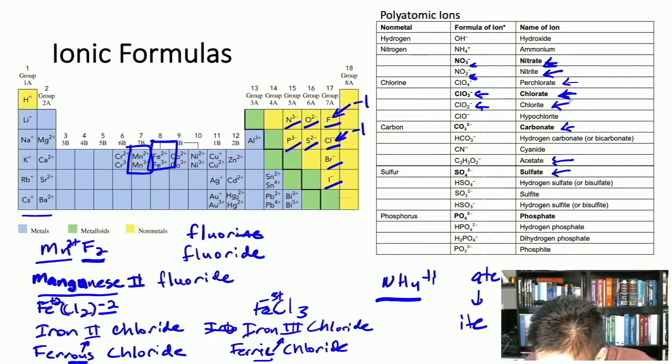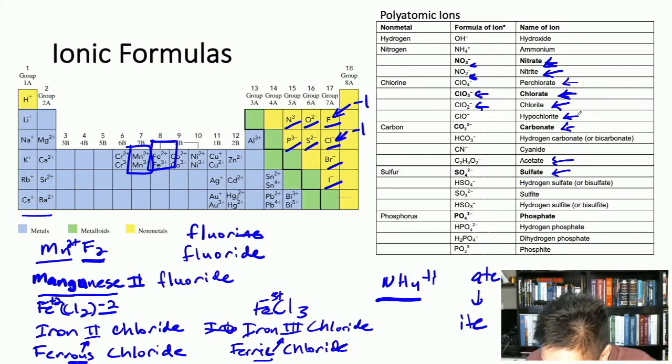It becomes a chlorite. We can actually take that even a step further, because if it loses another oxygen, then it becomes hypochlorite, so ClO minus, and that means it only has one oxygen, as compared to the one above it, which had two oxygens. It's hypochlorite.